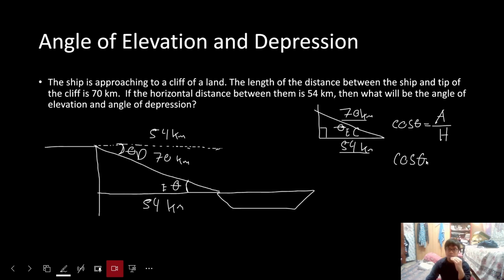So let's substitute and find that angle. Cosine theta sub e is equal to adjacent, which is 54 kilometers, over the hypotenuse, 70 kilometers. Putting cosine inverse on the right side, we have theta sub e equal to arc cosine of 54 over 70.